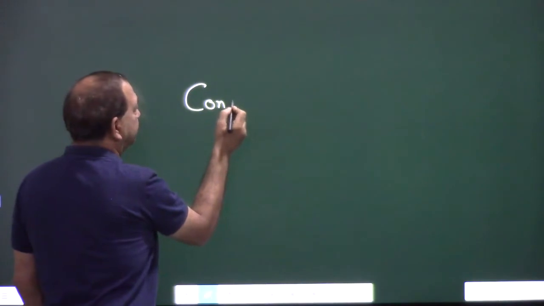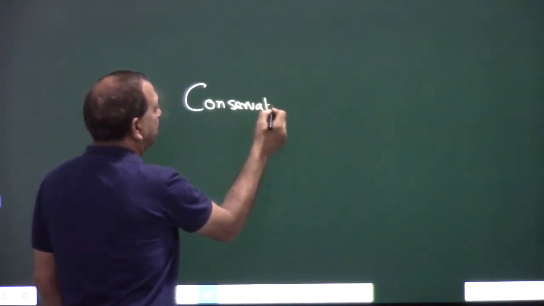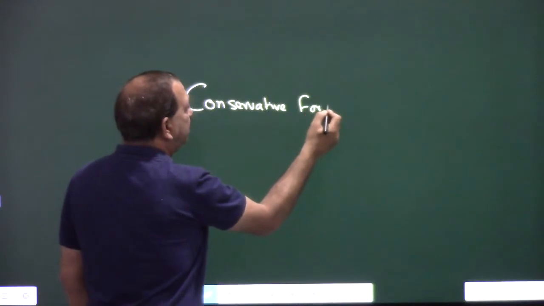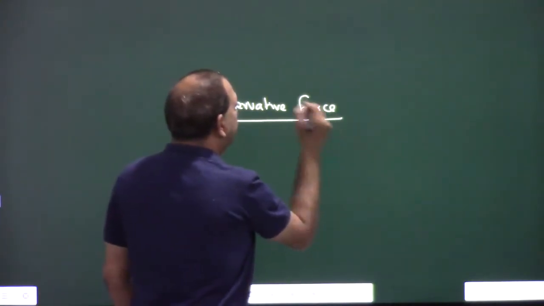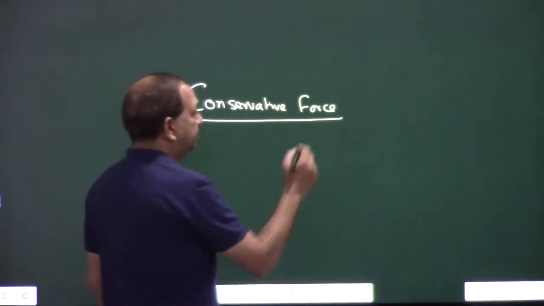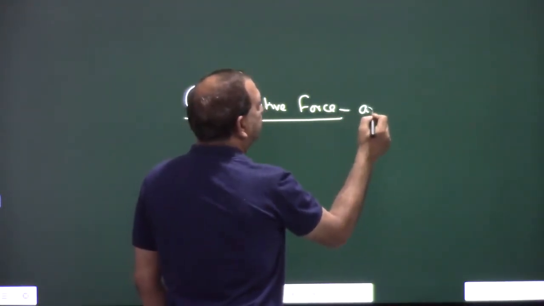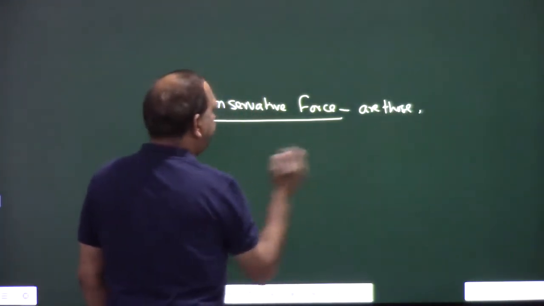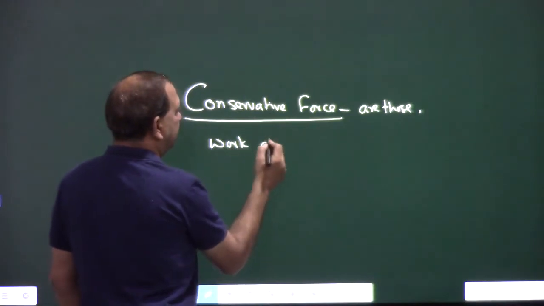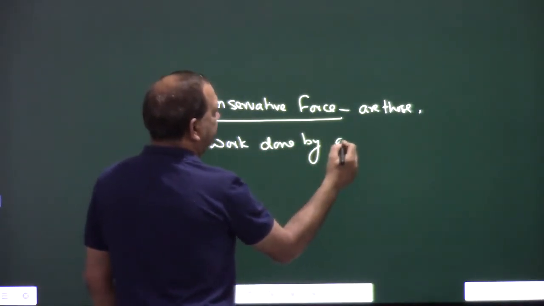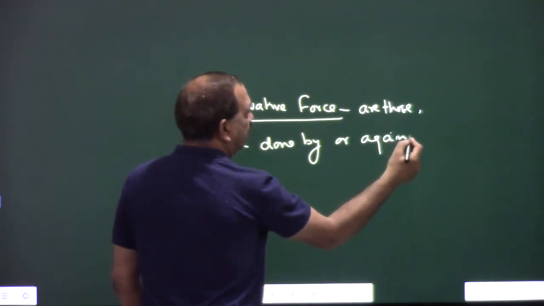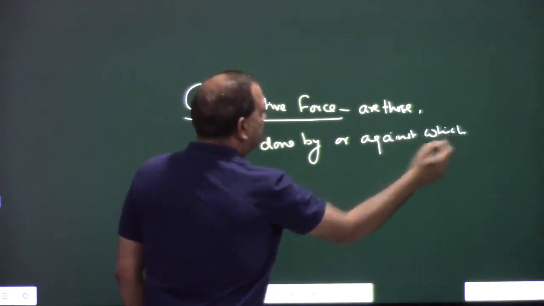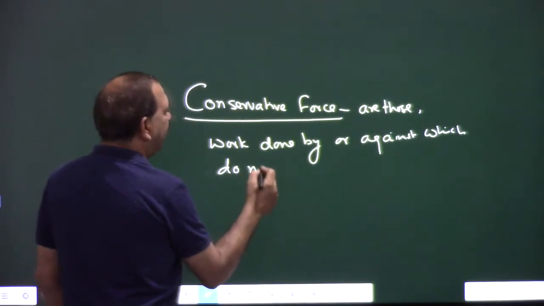In fact, we have two types of forces. One is called conservative force and another is called non-conservative force. The conservative forces are those work done by or against which do not depend on path.